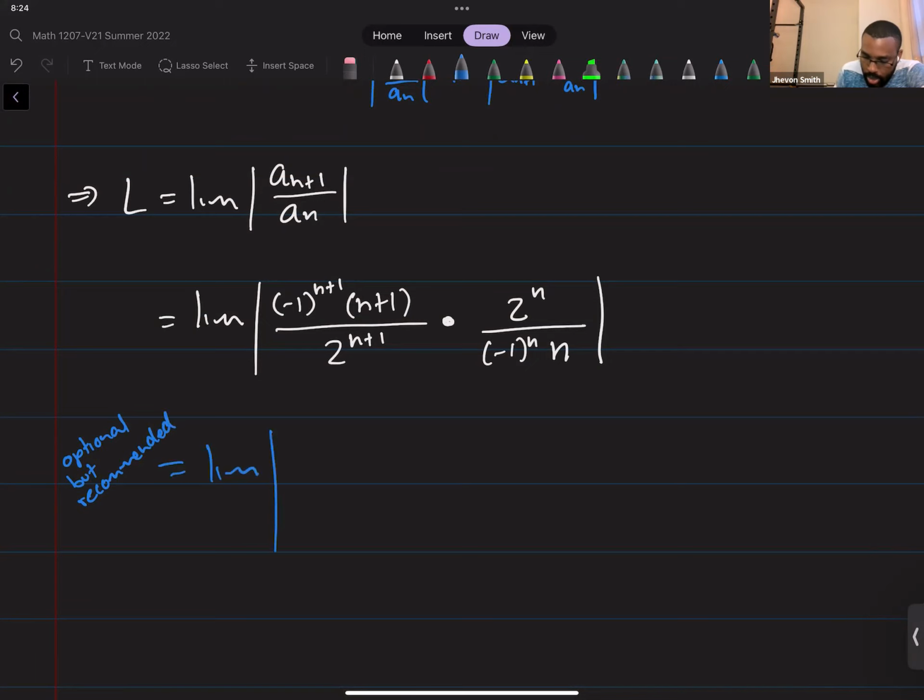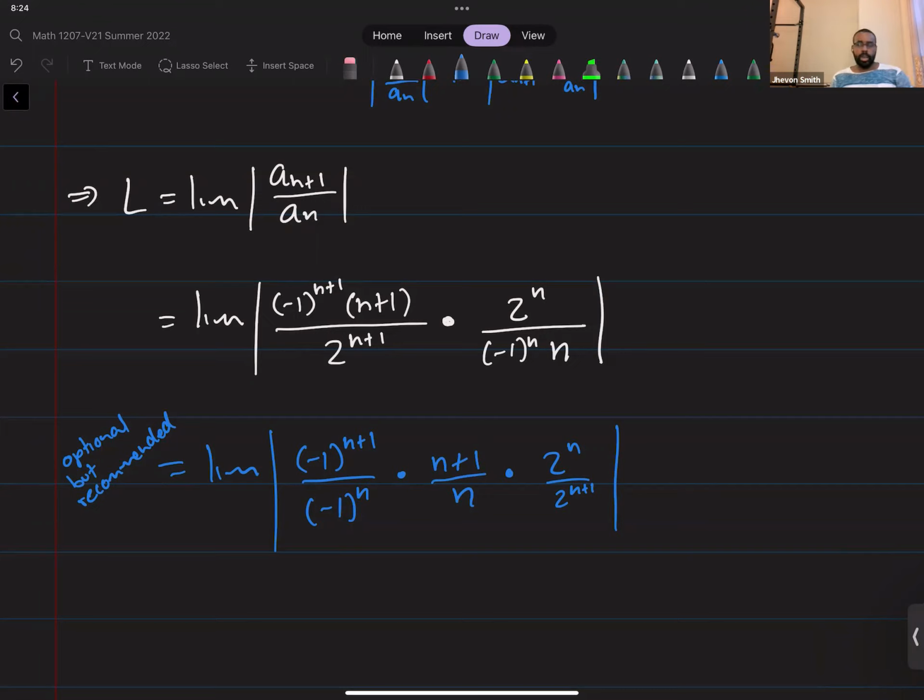So I'm going to take the alternating parts and put them right underneath. Then I'm going to take the polynomials and put those together. Then I'm going to take the exponentials and put those together, right? With a product of fractions, as long as the denominators stay in the denominator and the numerators stay in the numerator, I can move the factors around. I can swap the positions and separate them into fractions.